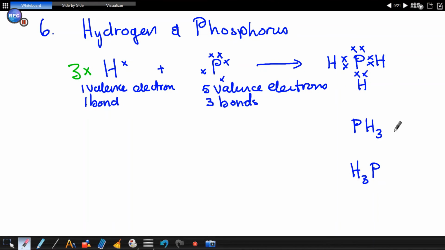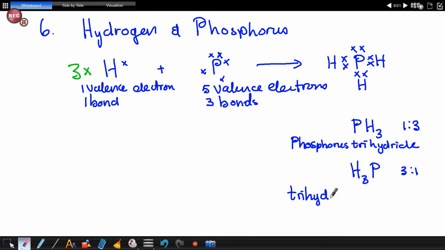If you write PH3, the ratio is 1 to 3. If you write H3P, the ratio is 3 to 1. If you write PH3, it's phosphorus trihydride. If you write H3P, it's trihydrogen phosphide.